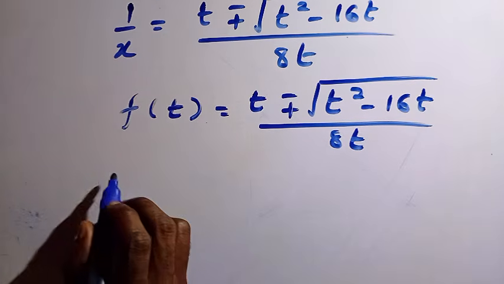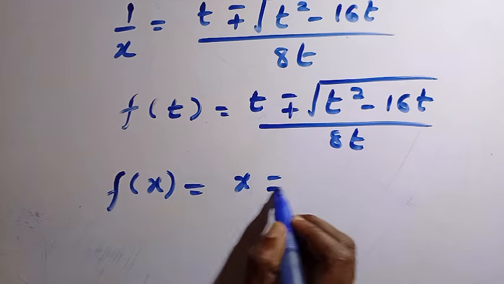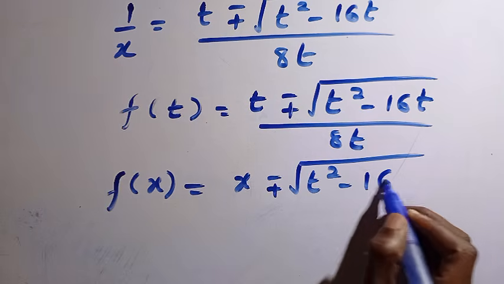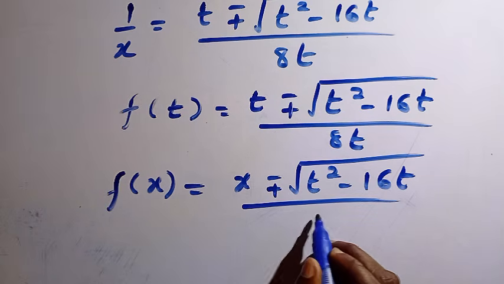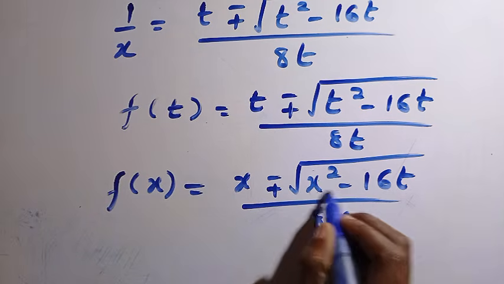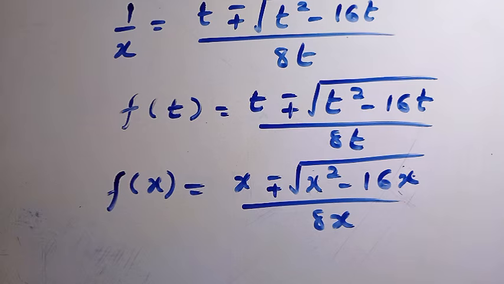Replacing t with x, we have f of x equals x minus plus the square root of x squared minus 16x, divided by 8x.